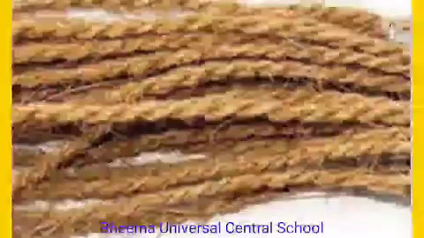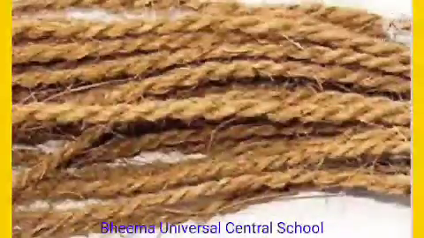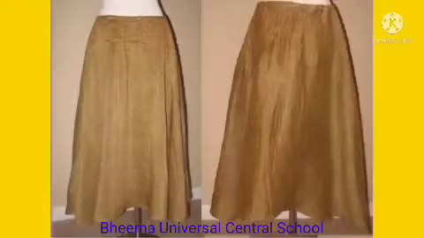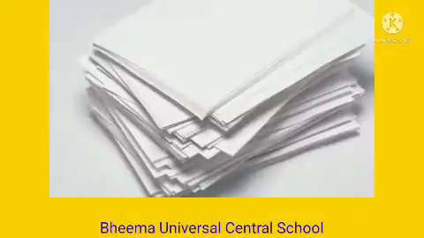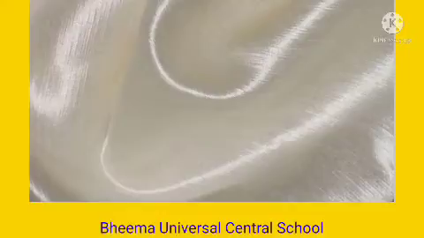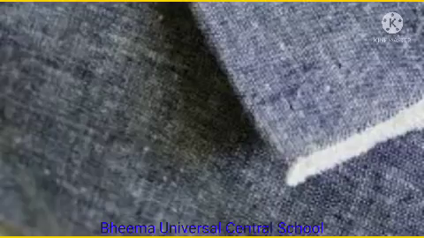These are used in making ropes, cloths, paper, and carpet. Hemp can be blended or twisted with other fibers. Hemp can be blended with silk to form hemp silk and with cotton to make hemp cotton.